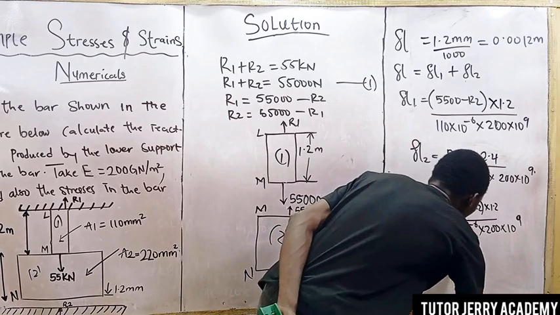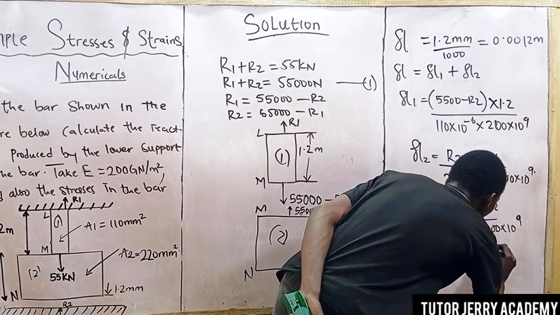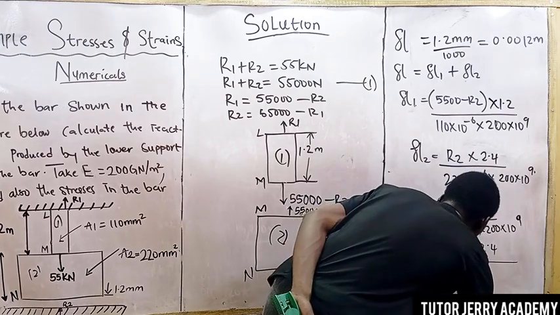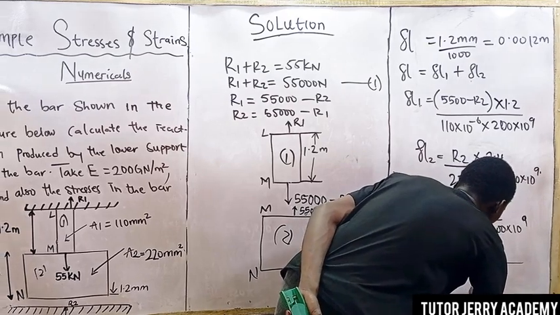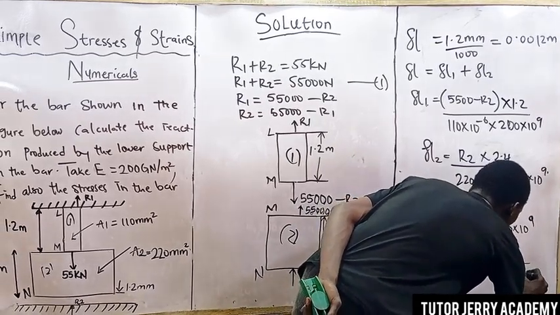So we have R2 multiplied by 2.4 all over 220 times 10 to the power of minus 6 multiplied by 200.